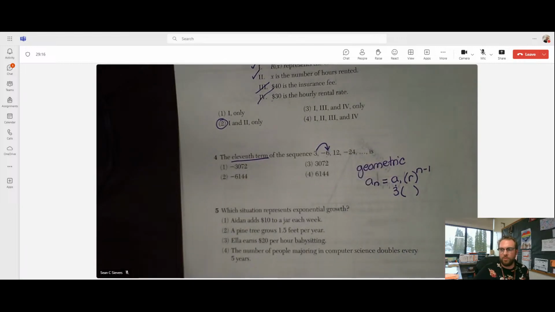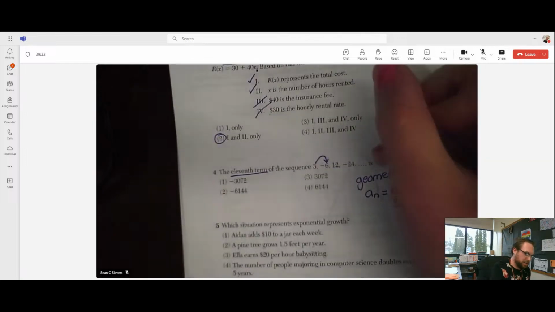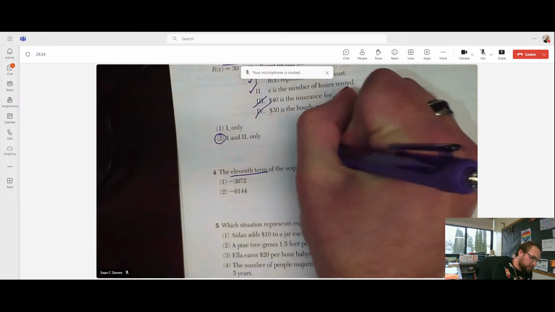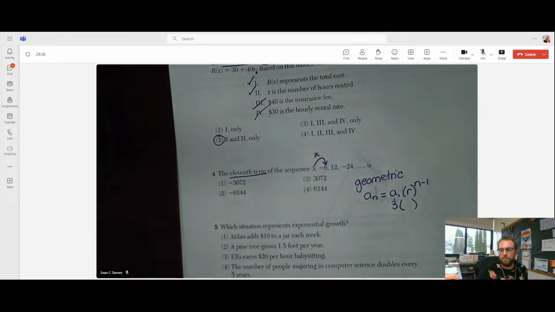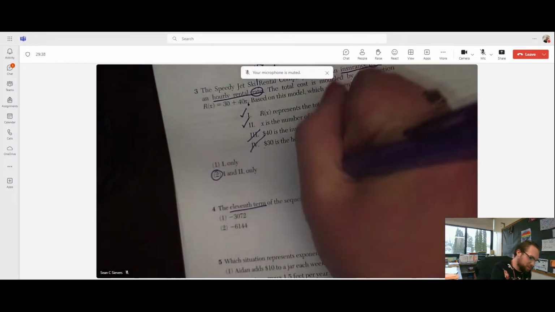What do we think the common ratio is going to be? Remember that ratio is multiplying. So what number is going to be? Yes, George, it would be -2. Perfect.